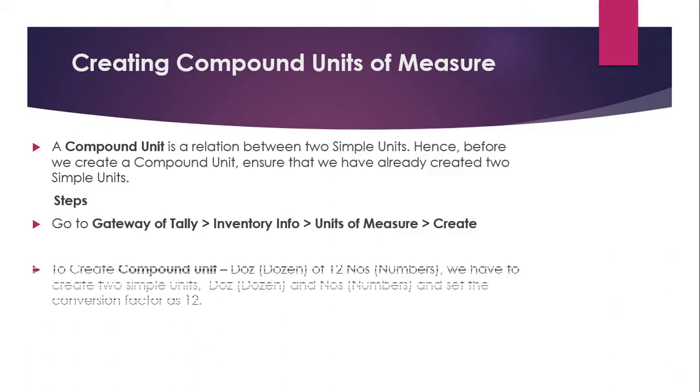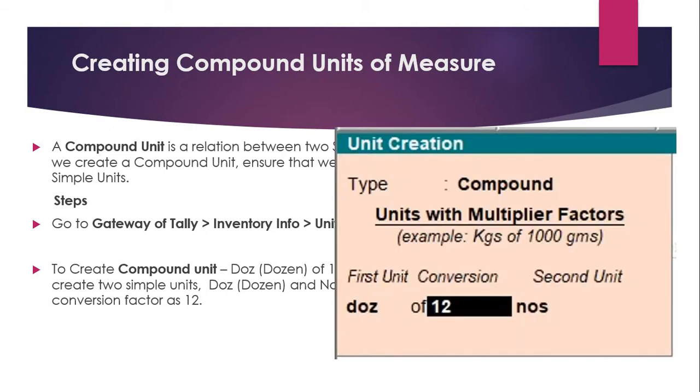For example, to create compound unit, dozen of 12 numbers, we have to create two simple units, dozen and numbers, and set the conversion factor as 12 while creating compound unit, as shown in this unit creation screen.